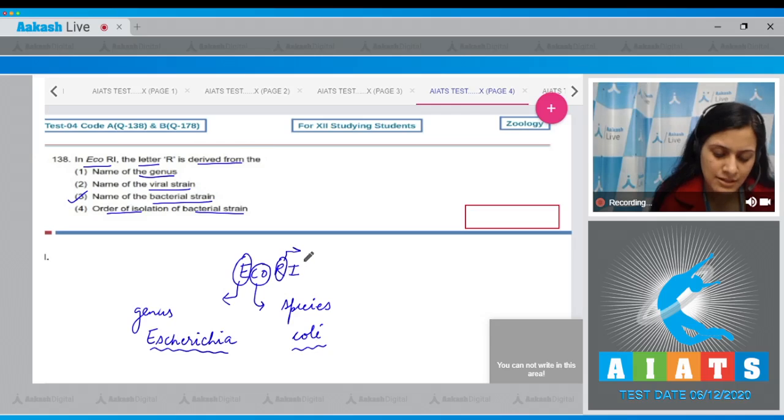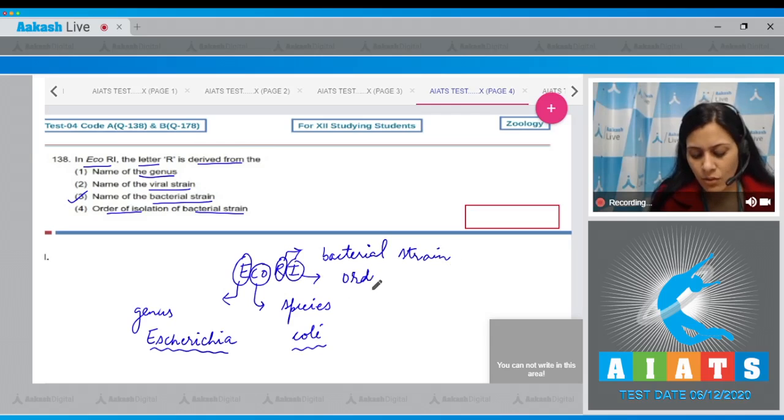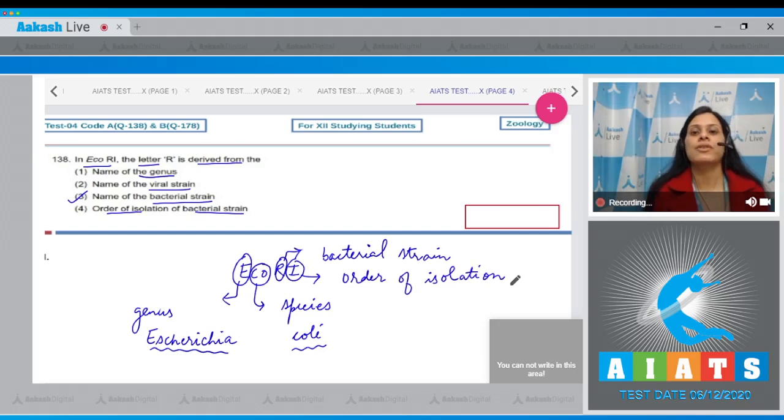R represents the bacterial strain and not the viral strain, while the Roman numeral indicates the order of isolation from that strain of bacteria.